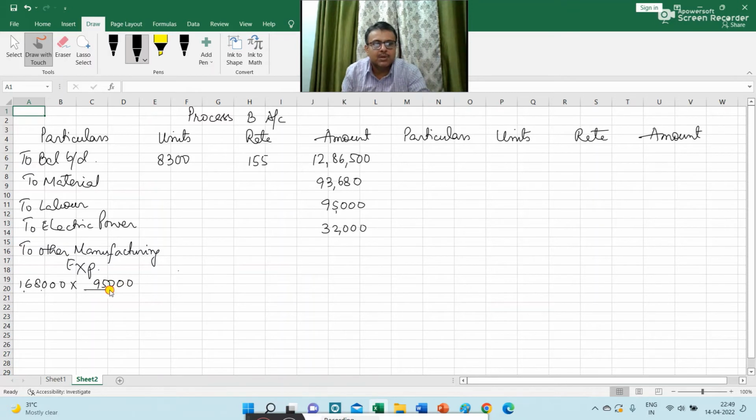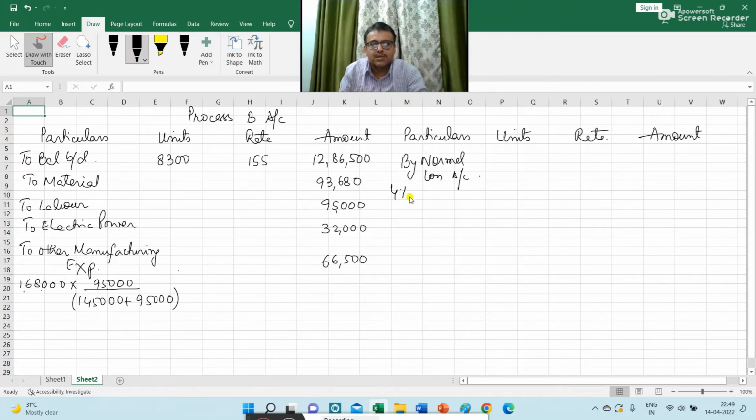This is the labor cost for process B divided by total labor cost of process A and process B, which is 2,40,000. So you will get 66,500.